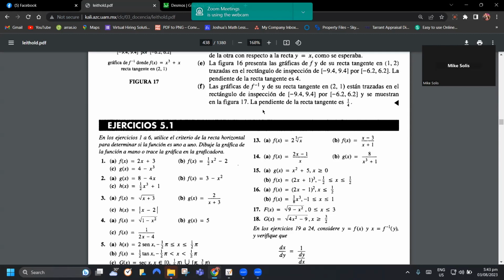Domain is all values for which the function will exist. Kasi may mga functions na pag ni-restrict mo yung domain, 1-to-1 na siya. So wala muna tayong restriction.